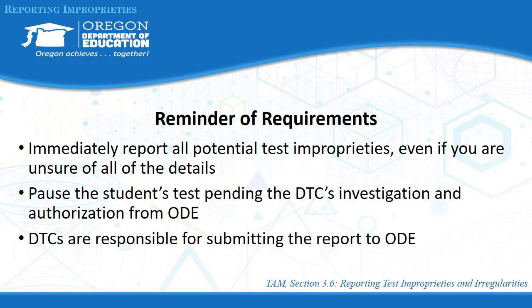Resuming testing before resolution can make the difference between whether the tests impacted can be reset and remain valid or must be invalidated, and that testing opportunity lost to the student or students. If there is any doubt about whether an incident or behavior is permissible, either for students or adults, always check the TAN and/or seek clarification.